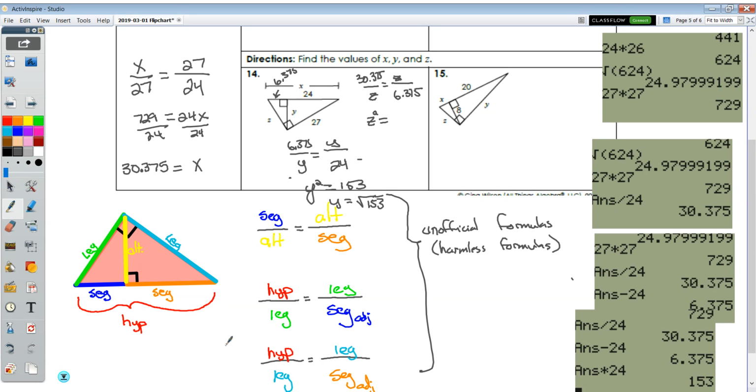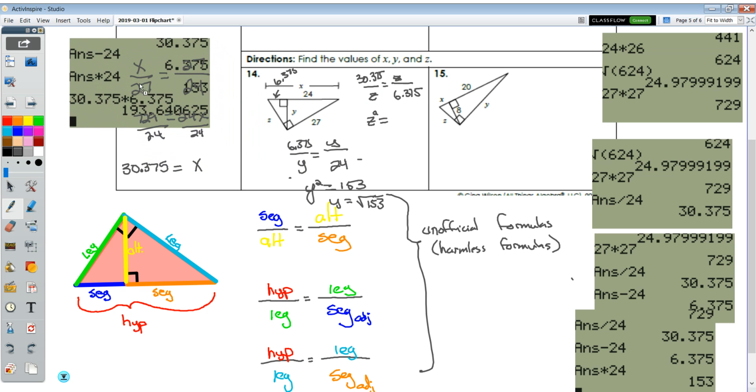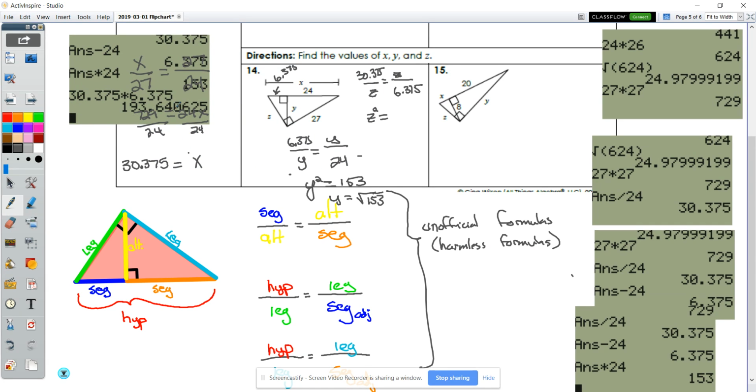Grab my calculator here. 30.375 times 6.375 equals 193.640. So 193.6. Square root both sides, and I get z equals the square root of 193.6. And if I said round, then you'd go ahead and work this out on your calculator.